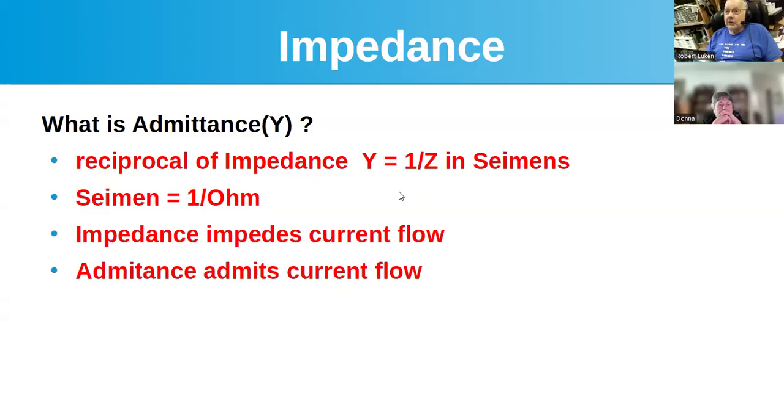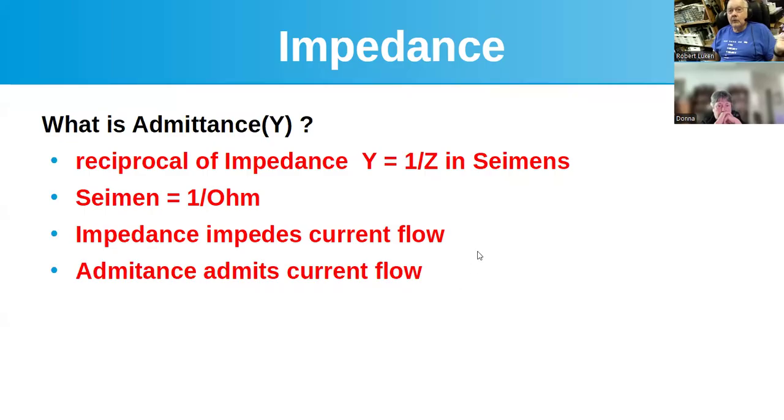And instead of measuring in ohms like we do resistance and impedance, we measure it in something called Siemens, named after some guy. I don't exactly remember what he did. Y is going to be equal to the reciprocal of impedance, or 1 over the impedance value. And the Siemens is going to be the reciprocal of an ohm.